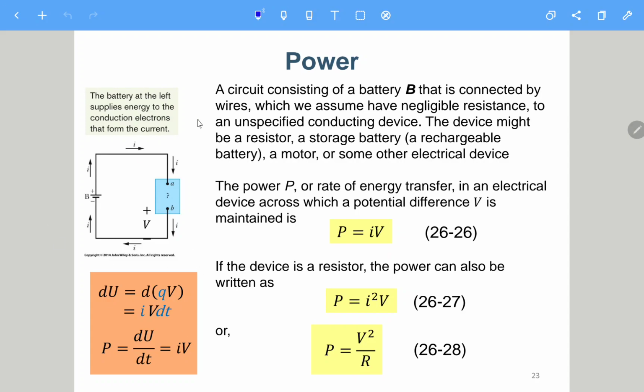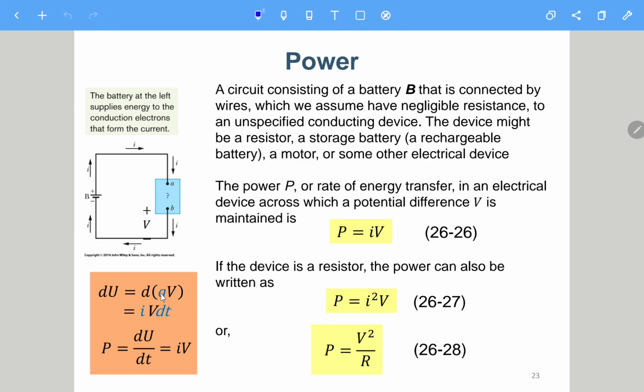Here, we talk about power. For power, the derivation is like this: dU, which means a small change in the potential energy, is dq times v. If you still remember, U equals qv.